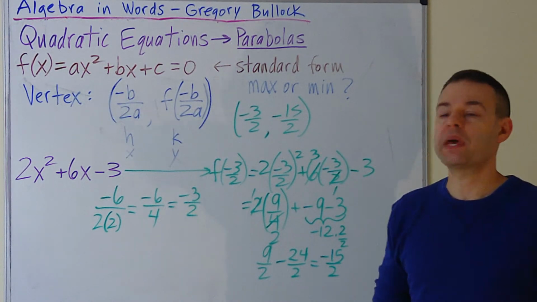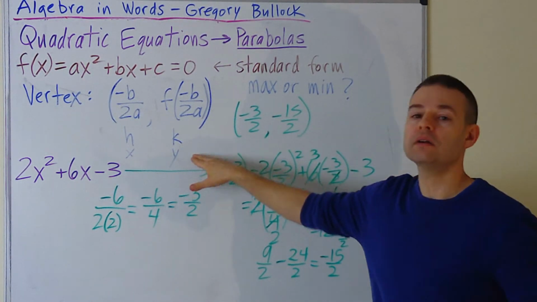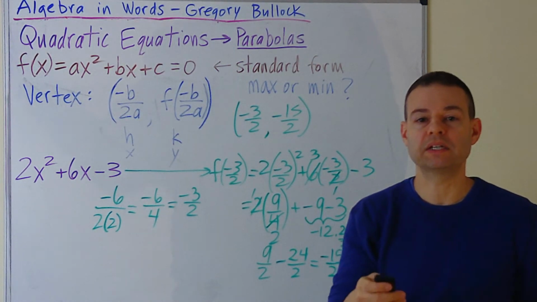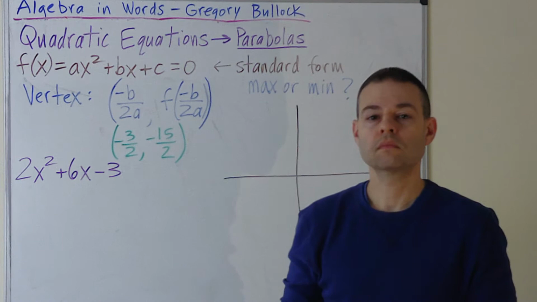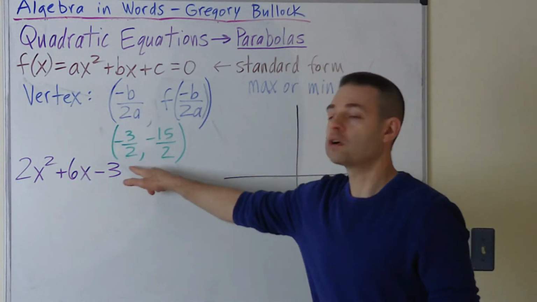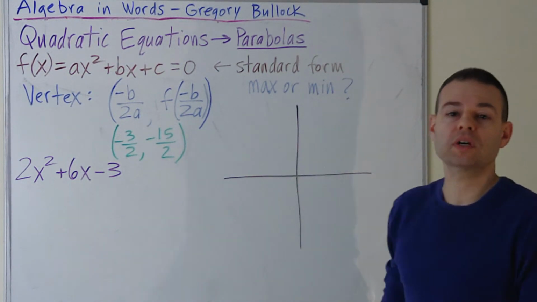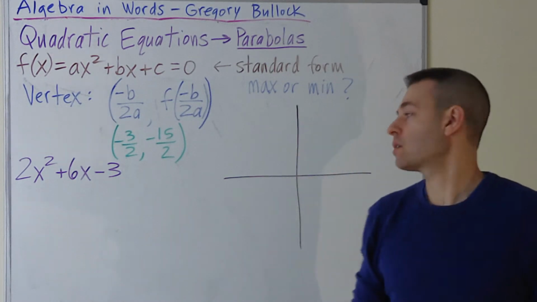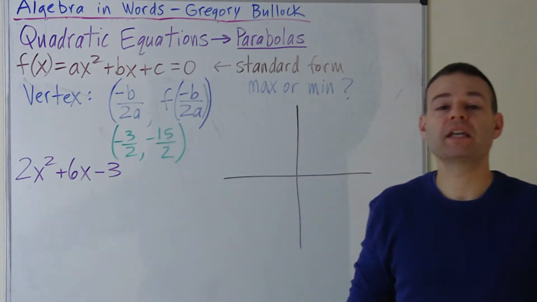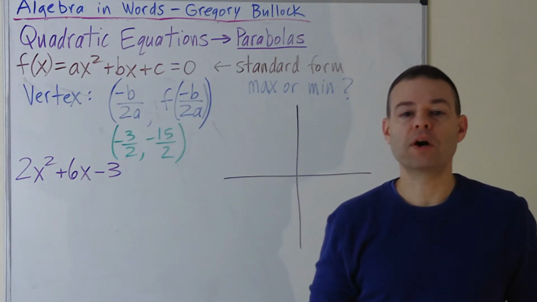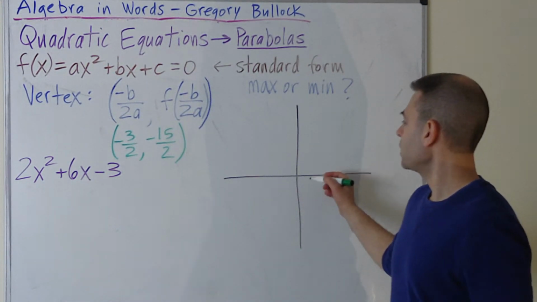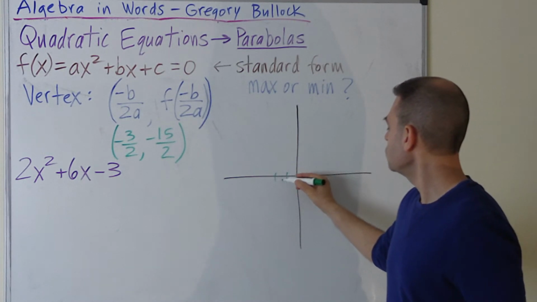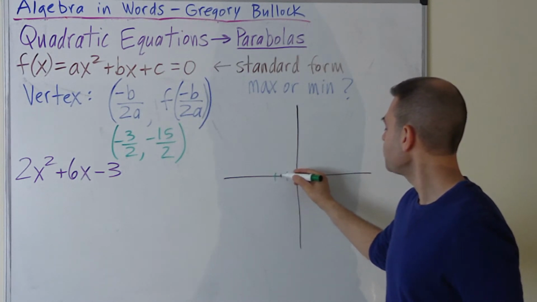So just to save space, I'm going to rewrite this here and then erase this so we have more room to do more work and ultimately graph. I moved the vertex right here, and now we have room to work, and I set up a graph. So first, let's graph the vertex. Negative 3/2 is about negative 1.5, so starting here, let's go to the left.